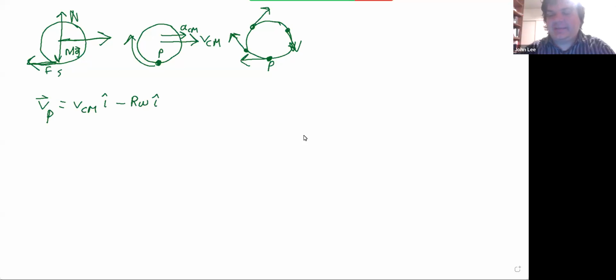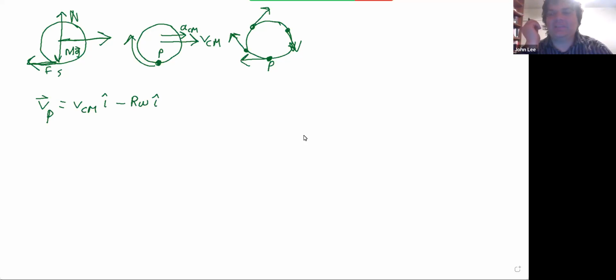In the same way that all of the angular stuff that you learned last week was analogous to the linear things that you had learned before, angular momentum is analogous to linear momentum. So instead of mv, it's I omega.